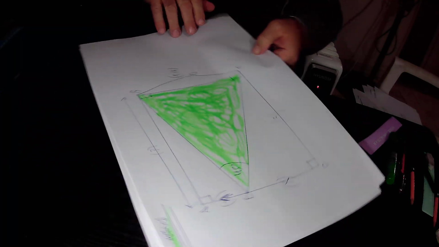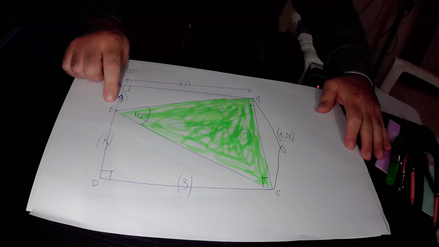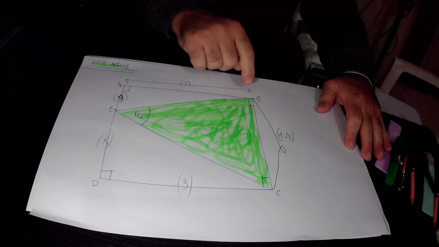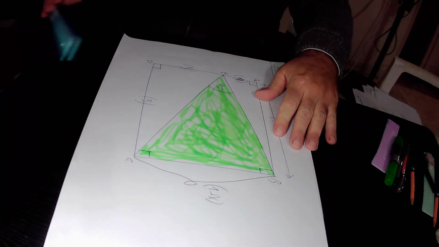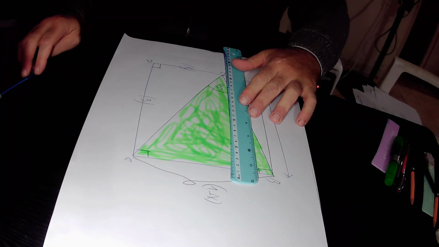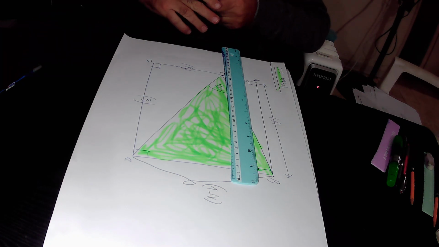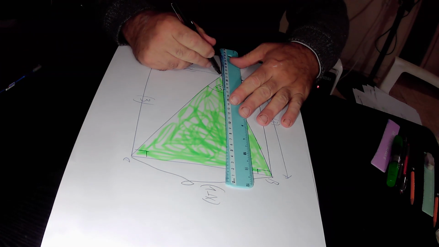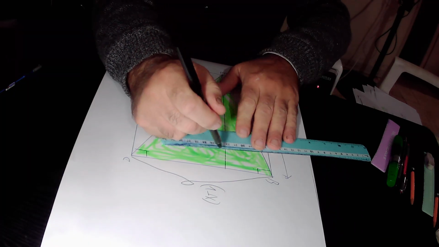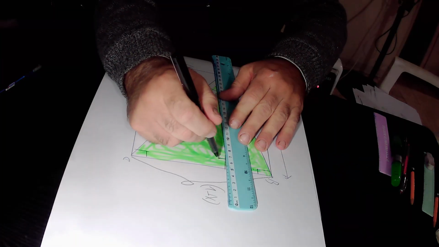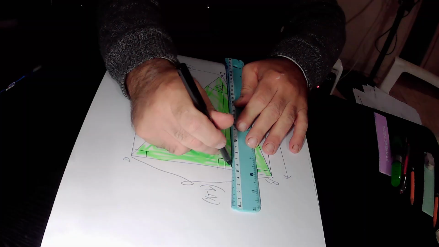In the next step, we will do a construction. From this point E, we will draw a perpendicular to BC. So this angle equals 90 degrees inside, and this angle also equals 90 degrees according to our construction.